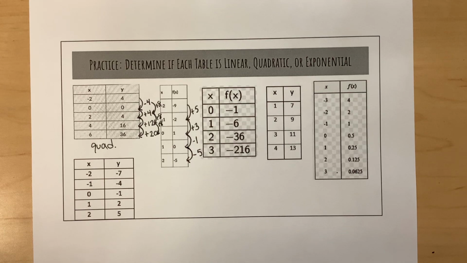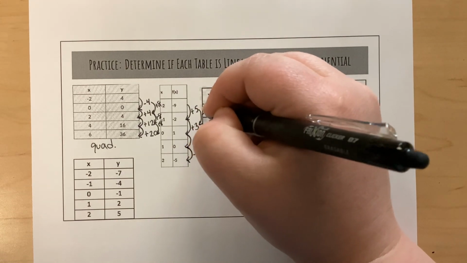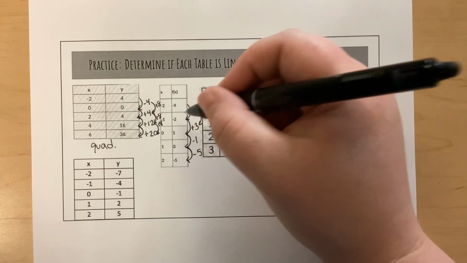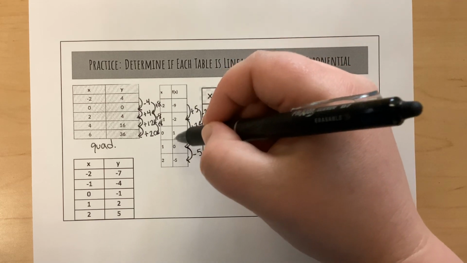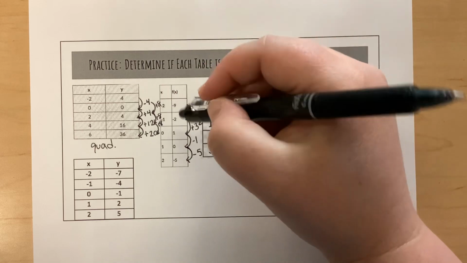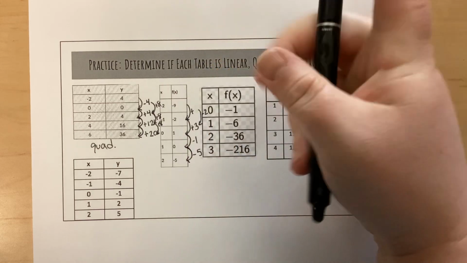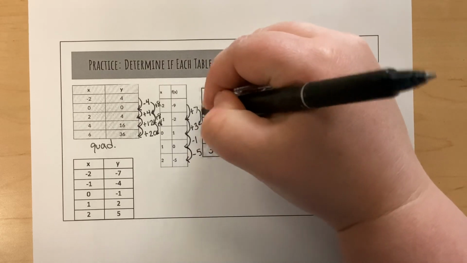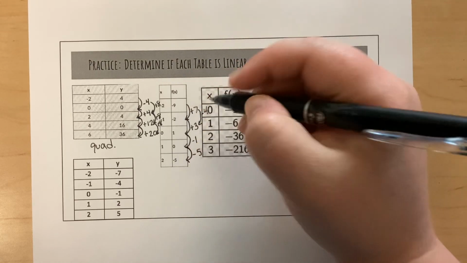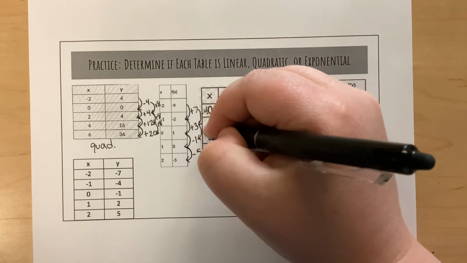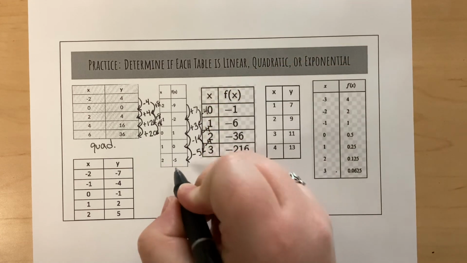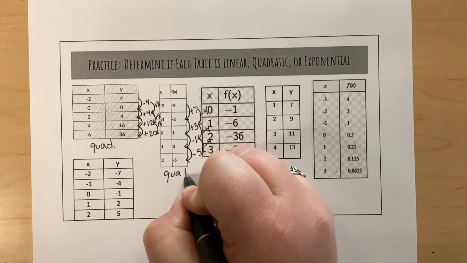All right, to go from 5 to 3, I subtract 2. Oh, I'm not adding 3 here. Hold on a sec. This isn't 5. It's 7. Okay, so then to go from 7 to 3, it's -4. To go from 3 to -1, it's -4. And to go from -1 to -5, it's also -4. So this one is also quadratic.